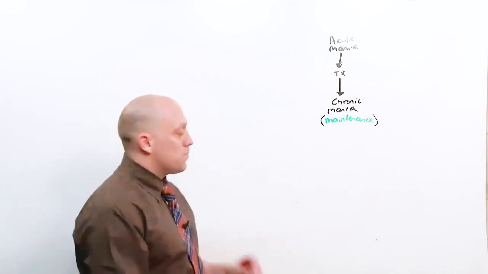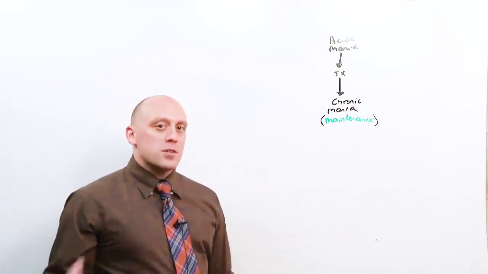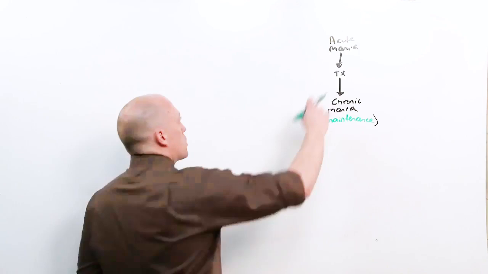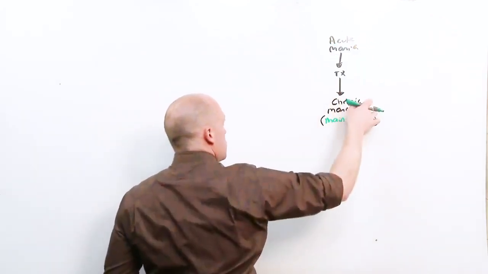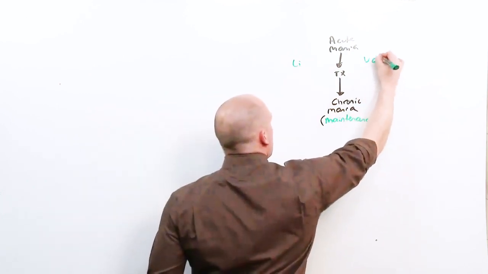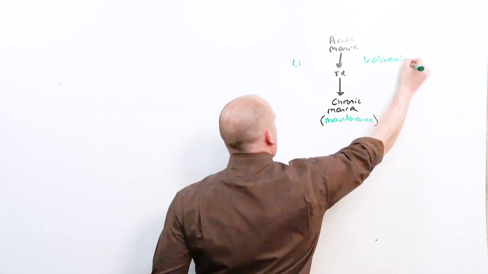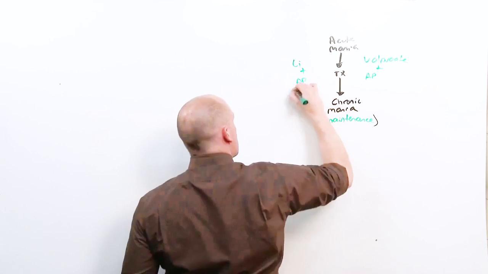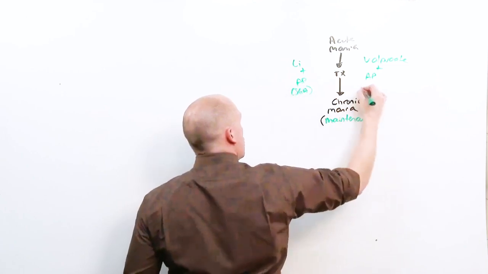So what we know now is still going to piggyback on what we taught in that mood disorder lesson. In order to treat acute mania, to get them into maintenance, you're either going to use lithium or valproic acid, valproate, combined with an antipsychotic, usually a second generation or an atypical.